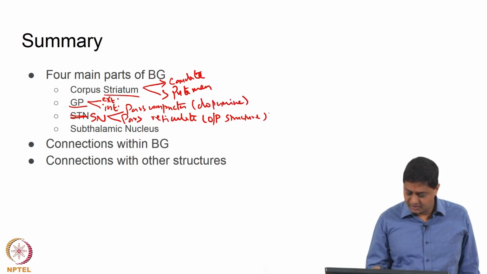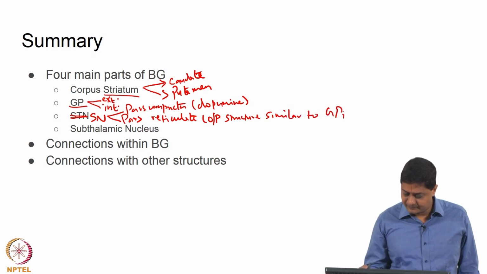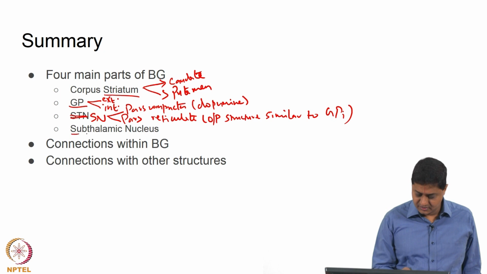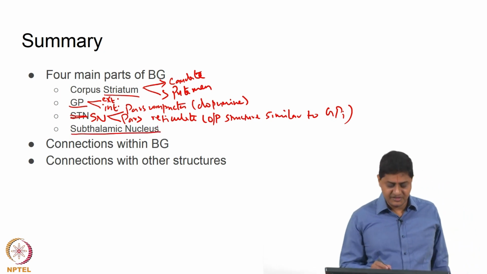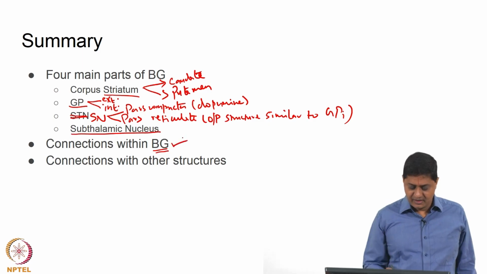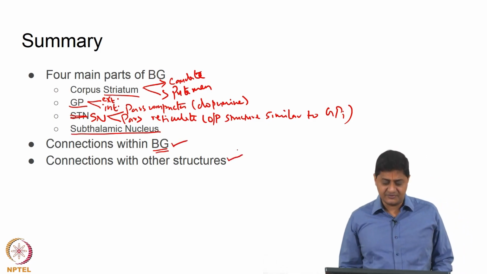Pars reticulata is the output structure, similar to GPI, and the subthalamic nucleus. There are connections within BG that we also discussed very briefly, and connections with other structures we also discussed very briefly as part of this class.